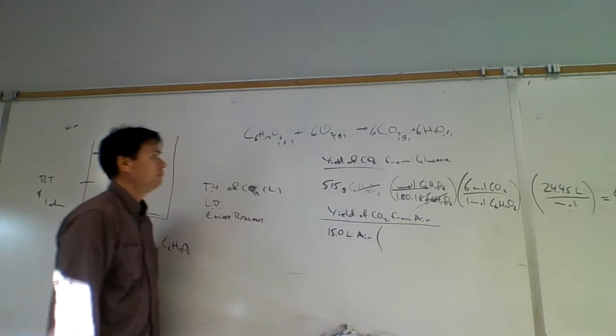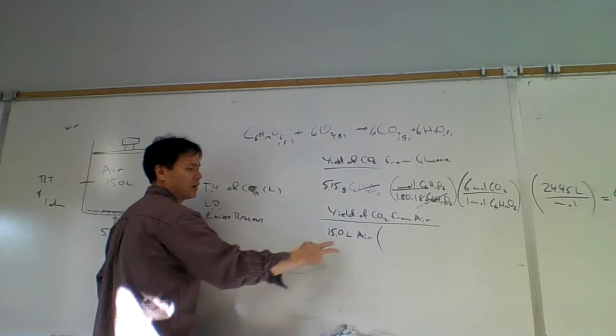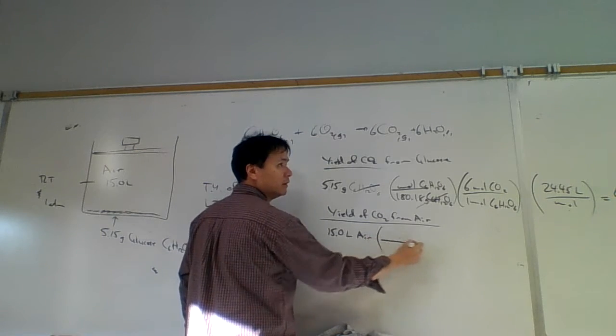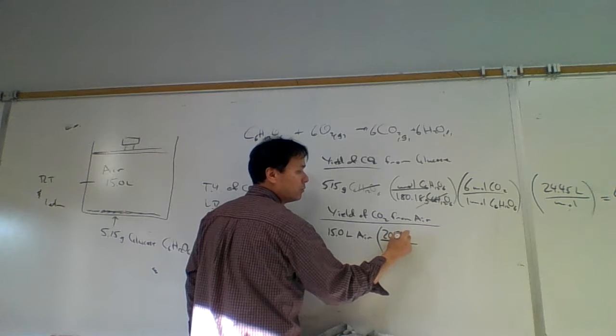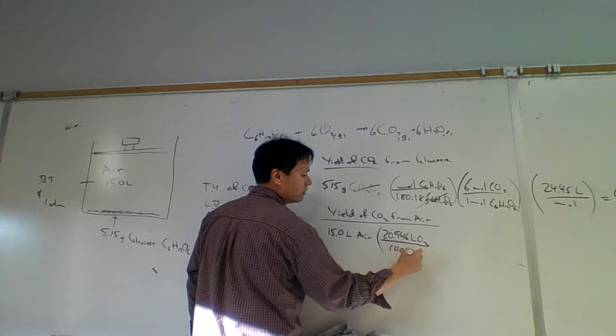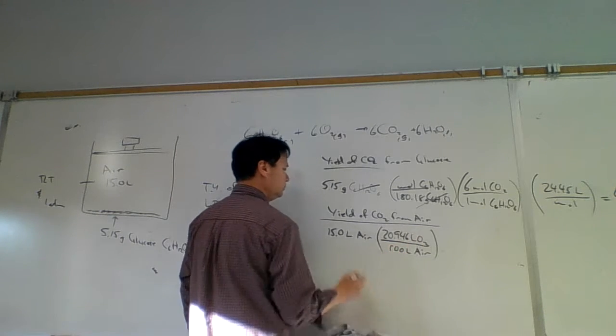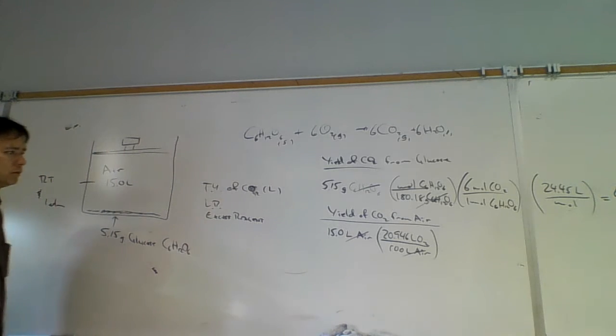This equation is not for air, it is for pure O2. So I'm going to figure out how many liters of pure O2 I have, and that's given over there: 20.946 liters of pure O2 for every 100 liters of air.